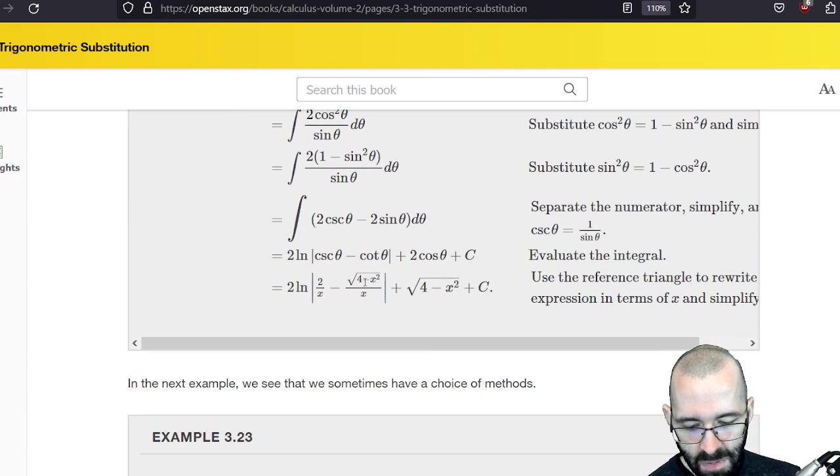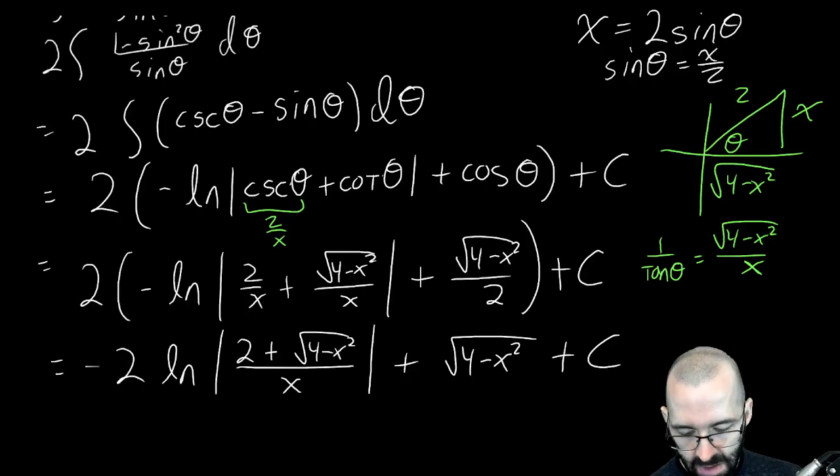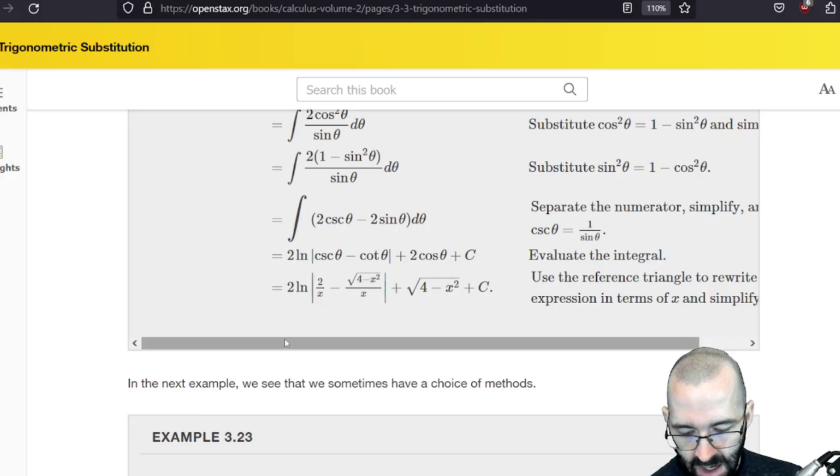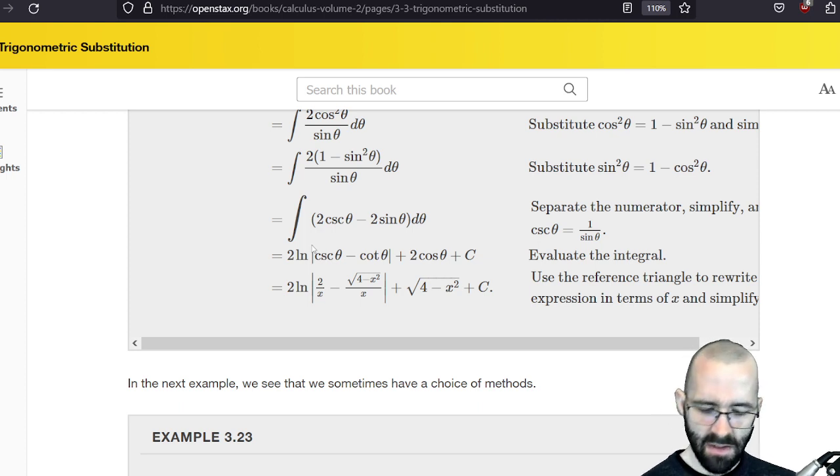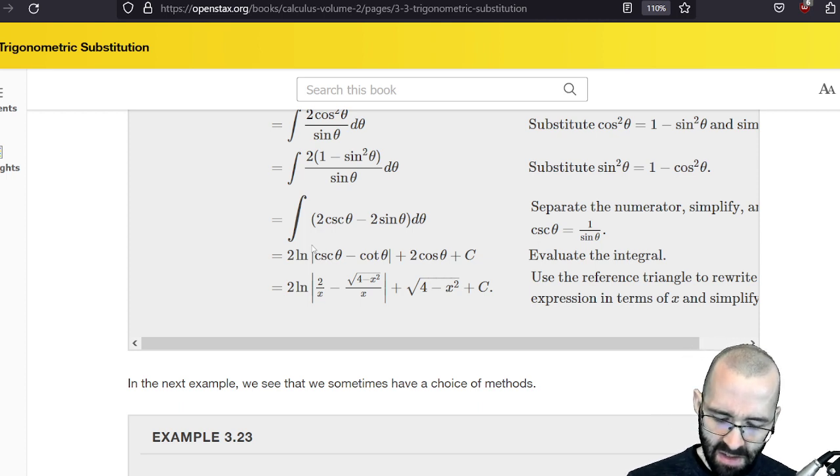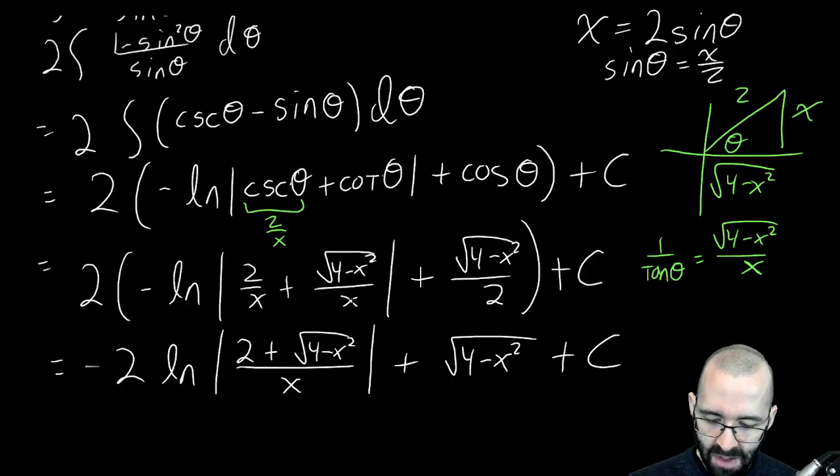2 ln of 2 minus square root of 4 minus x squared plus square root of 4 minus x squared. So they have a minus here, but I have a negative here. It might just be a different formula. They might be equivalent. I don't see why they'd be equivalent though.